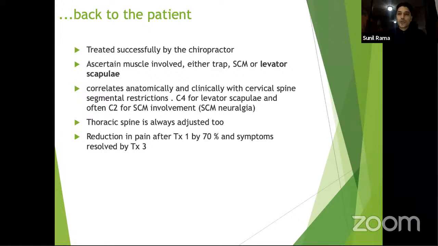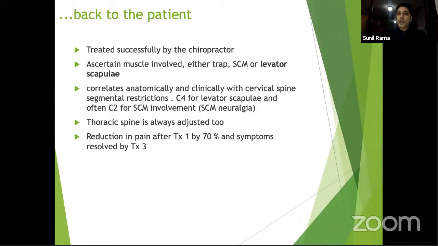Also, it attaches to the posterior tubercles, as we've seen in the anatomical image earlier. And we also know that C2 has an attachment and a nerve supply to that entire SCM and the trapezius muscle. We must not forget that cranial nerve 11, the spinal accessory nerve, supplies your SCM and your trapezius muscle, along with the motor branch from C3 and C4.